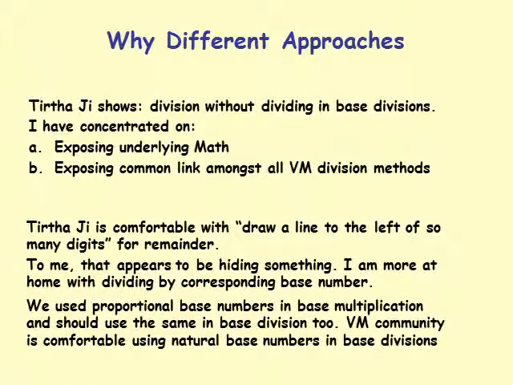We used proportion based numbers in base multiplications, and we should use the same in base division too. But the VM community is comfortable using only the natural base numbers in base division, as Tirthaji did.